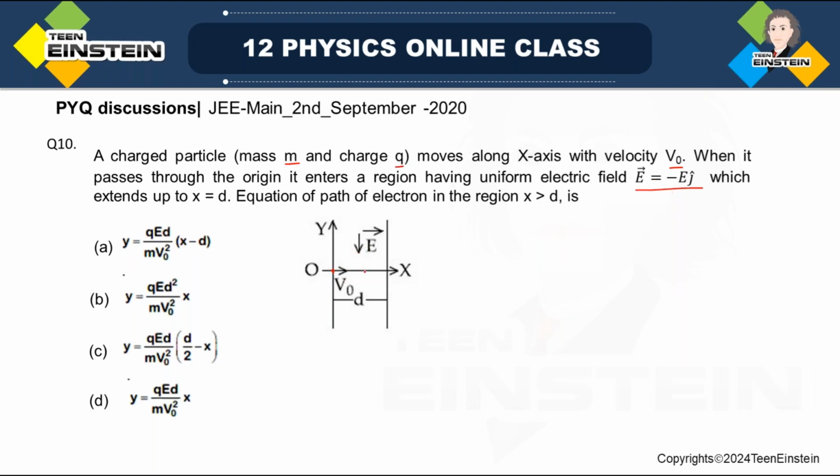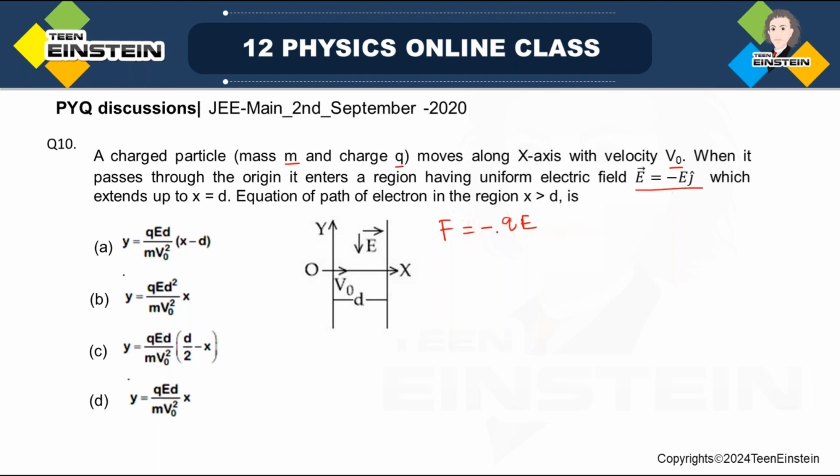to experience an electric field along this direction, okay, because electric field is in the downward direction. That means it will experience a force, and that force will be q into e, in the negative y direction, okay.